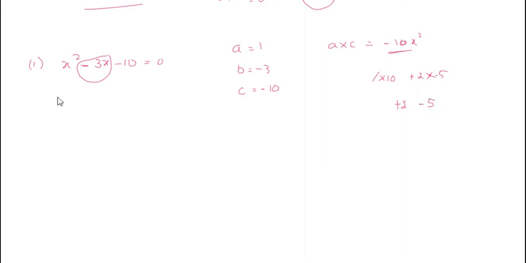Let us split the middle term here as plus 2x minus 5x minus 10 equal to 0.